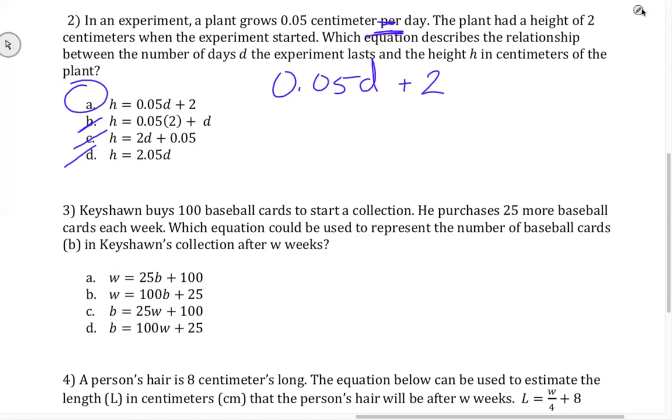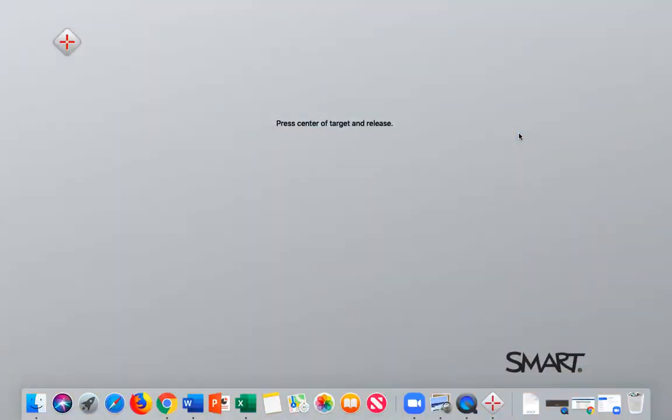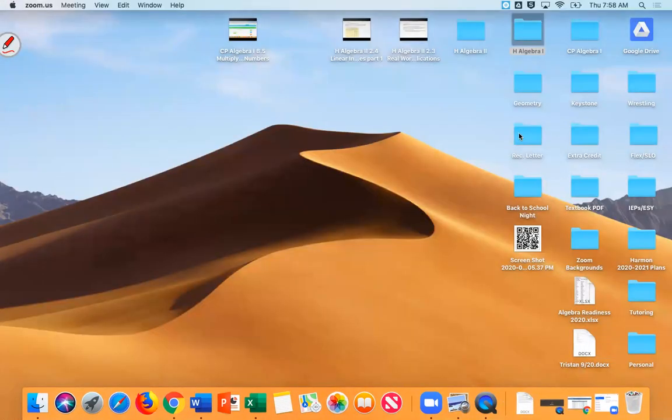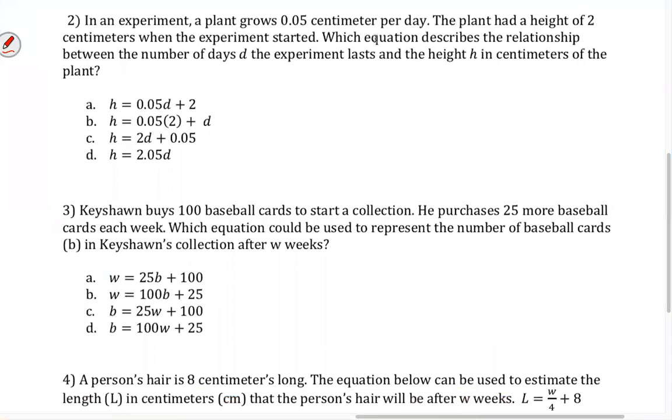All right, while I align my board, I want you guys to read number 3. All right, does anybody think they have the answer to number 3?